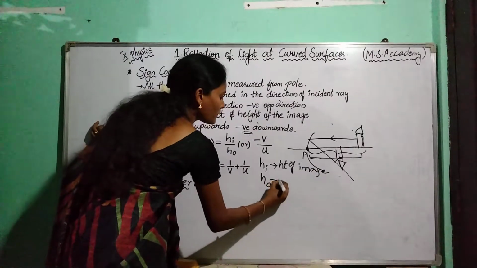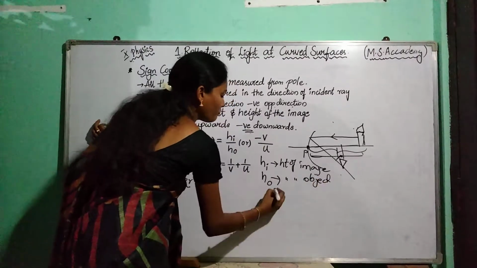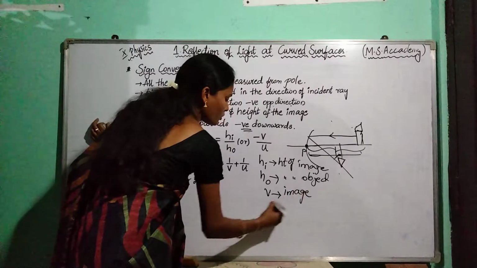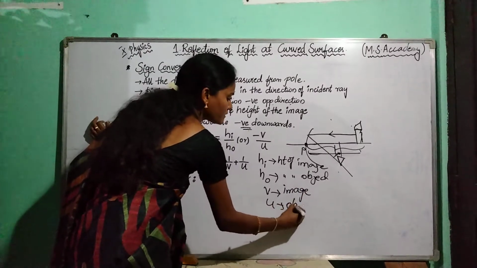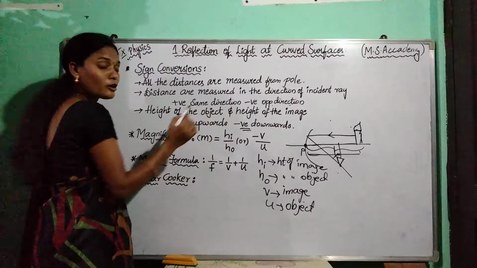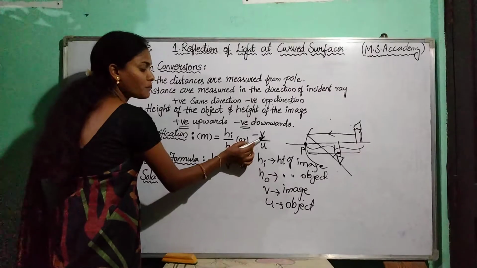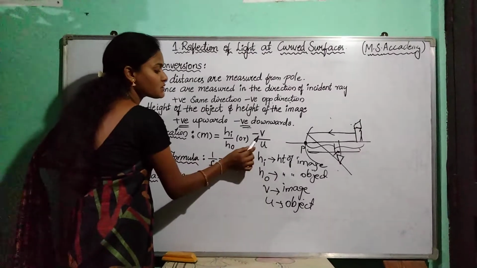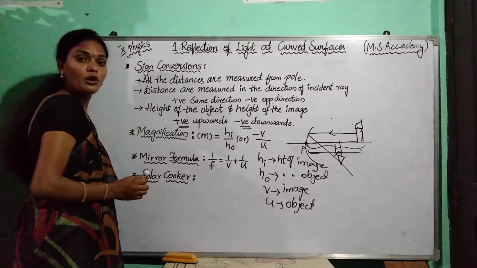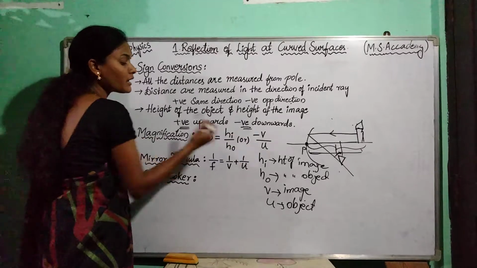Ho is nothing but the height of the object. V is nothing but the image distance. U is the object distance. Now see here, minus v by u. Why minus v? Object distance, image distance. So the image distance you will be getting negative and the object distance you will be getting positive. This is called magnification, minus v by u.